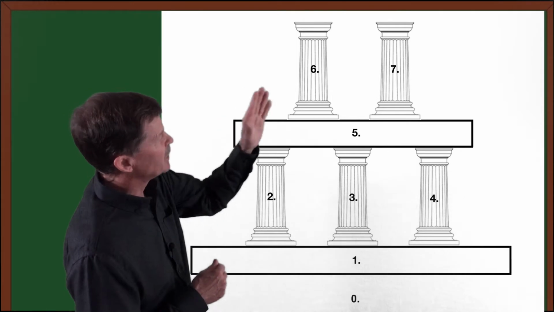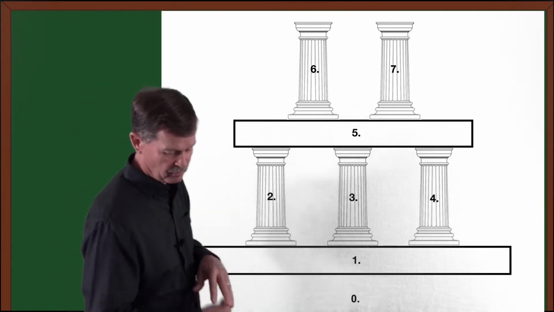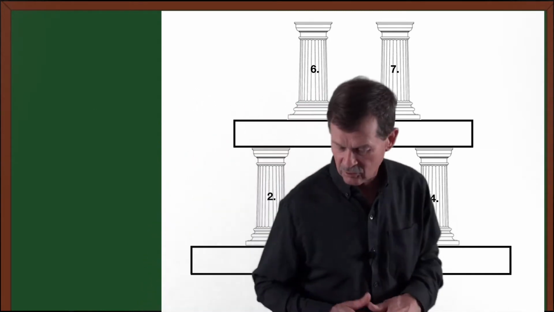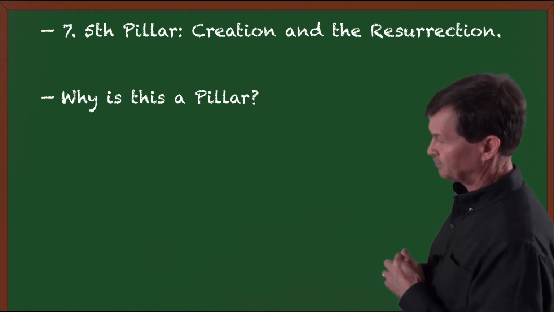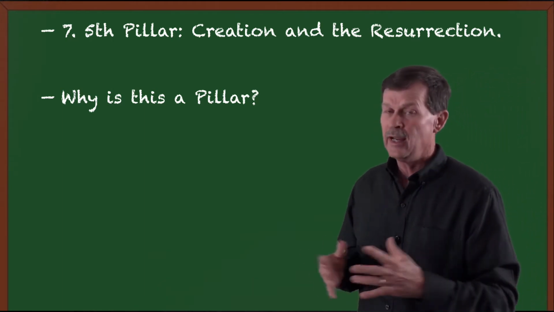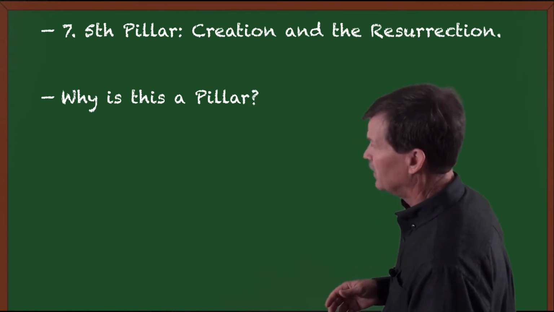Now we have the second column on the second floor, and that column represents creation and the resurrection. Why is this a column, and why is the resurrection even important?